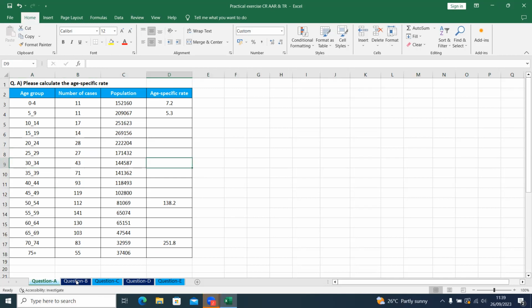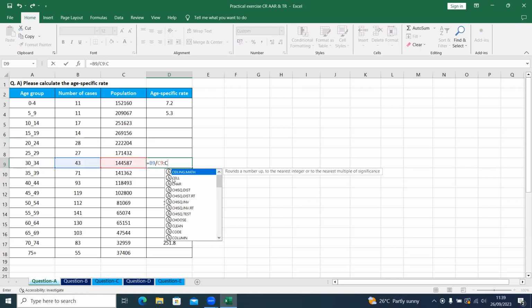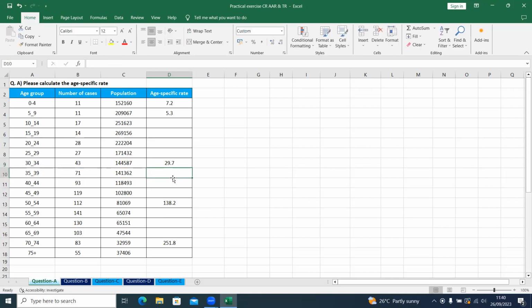Here, number of cases 43 divided by population. 29.7. Yes, 29.7 is the age specific rate for the age group 30 to 34.